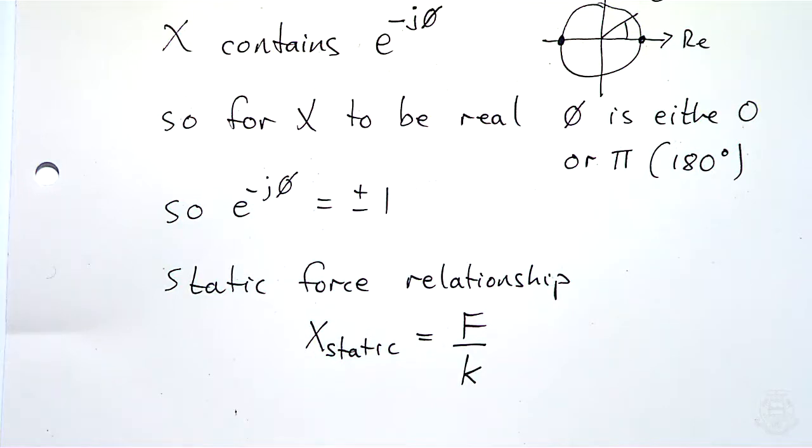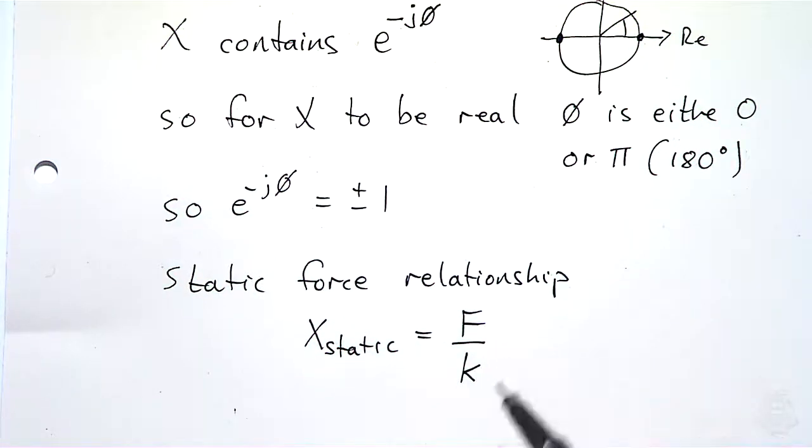If we think about our assumed solution for the force, in the case when there's no dynamic motion, the e to the something t term goes to 1, so we're left with just F. That's what we would call the static force. You can think of this as the force at zero frequency. In that case the mass would deflect by this amount, wouldn't it? If you apply just a static force with no dynamics, it's just related to the stiffness of the spring.